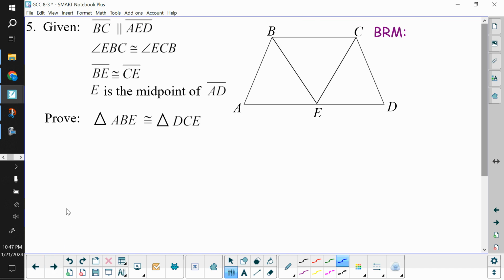All right, one last one we're going to look at over on page 14, number 5. Go ahead, do your statements, reasons, and givens.